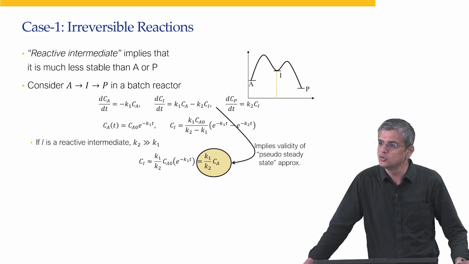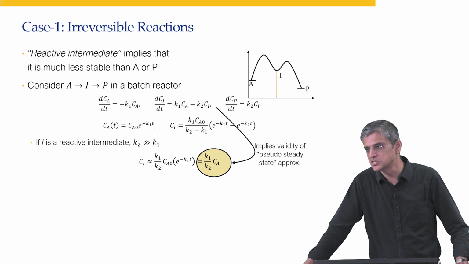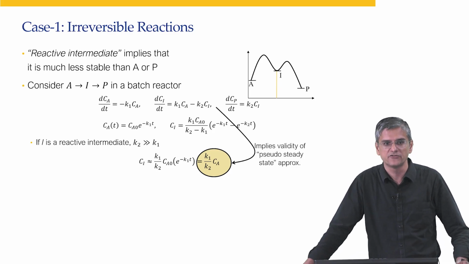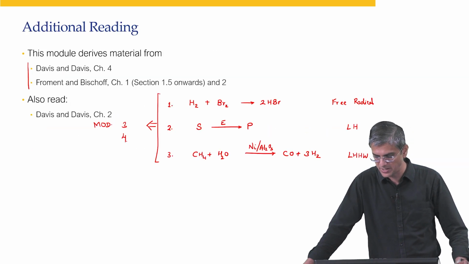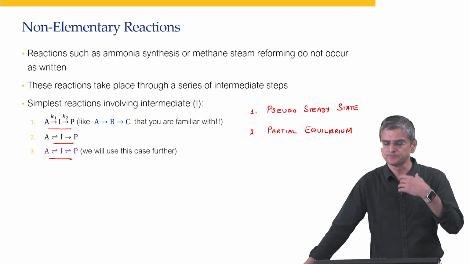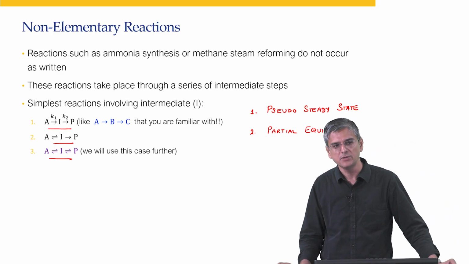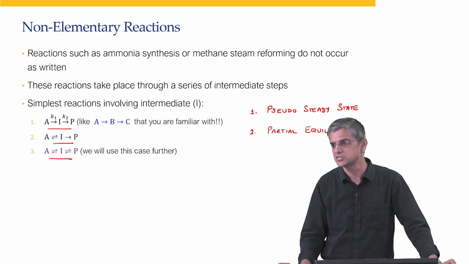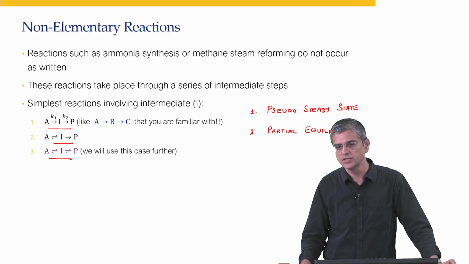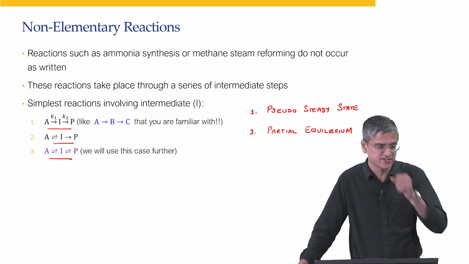Then how do we use the pseudo steady state concept in order to derive the overall mechanism is what I am going to do in the next lecture. Thereafter, we are going to use the concept of partial equilibrium. What are these concepts, how do we use them, and what results we get out of them are something that we are going to discuss in the next 6 lectures.